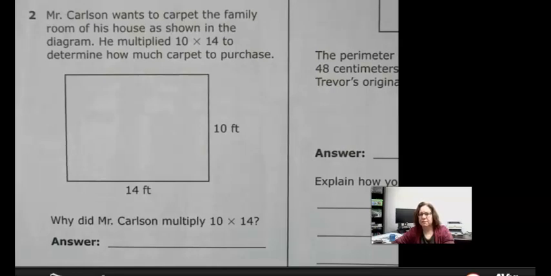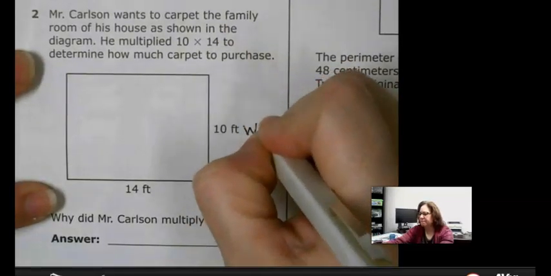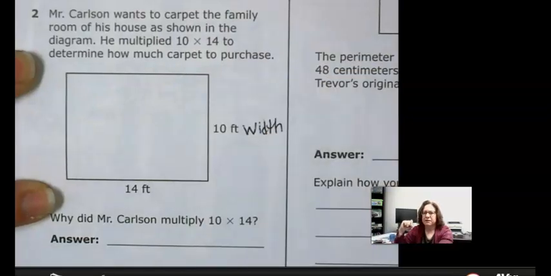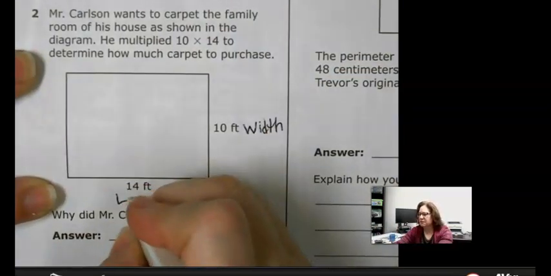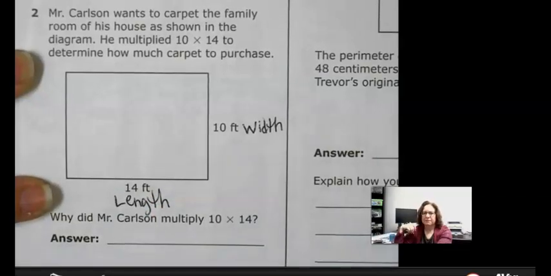And so the formula for that is length times width, or width times length. So Mr. Carlson is multiplying the width of 10 feet times the length of 14 feet.